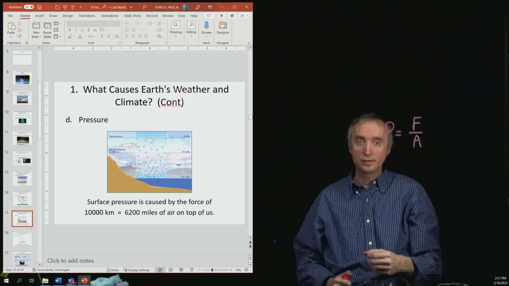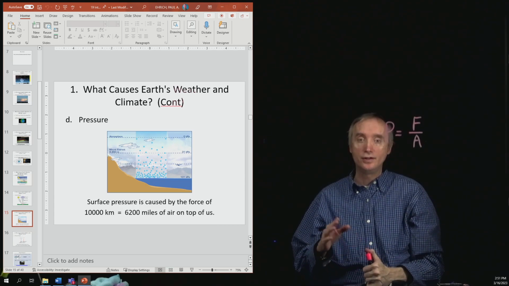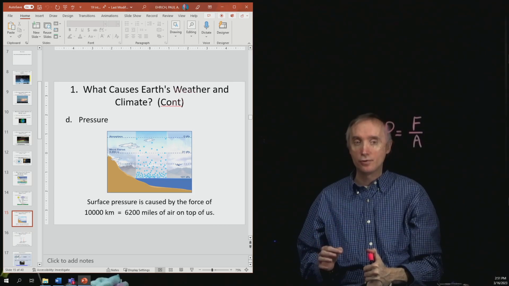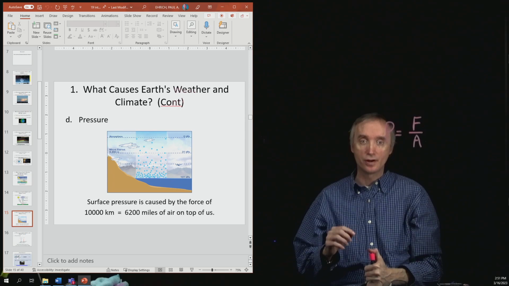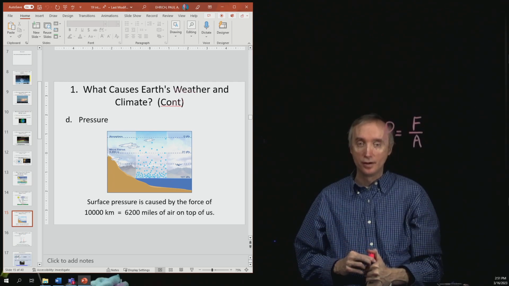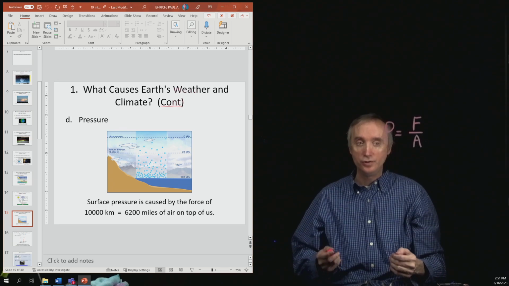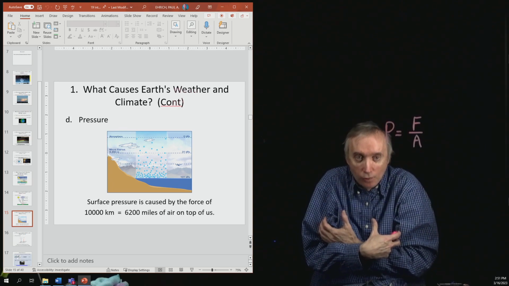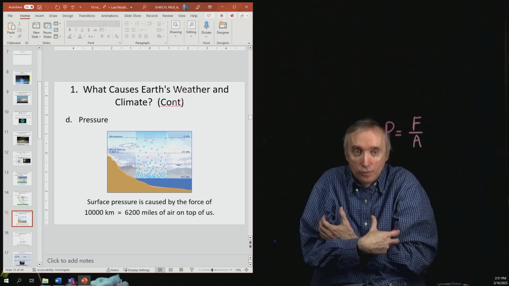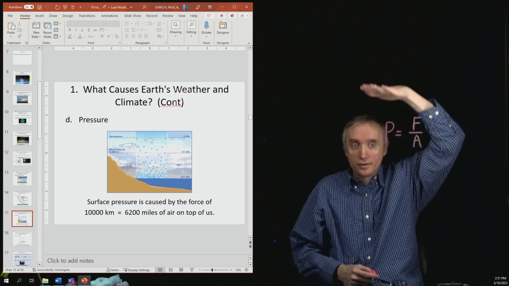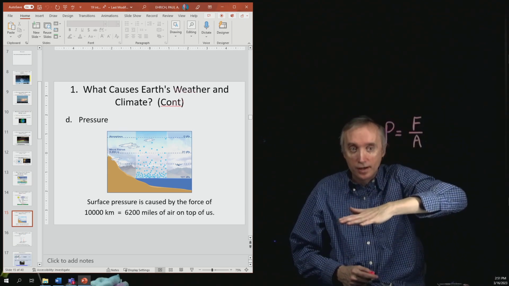In this case, imagine that you have about 10,000 kilometers of oxygen and nitrogen on top of you, or about 6,200 miles of air. Just like when you get into a swimming pool, you can feel the pressure of the water acting on you, because of the water on top of you pushing down.